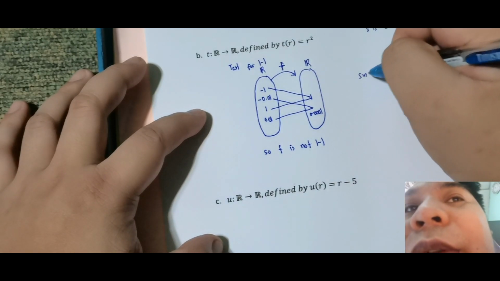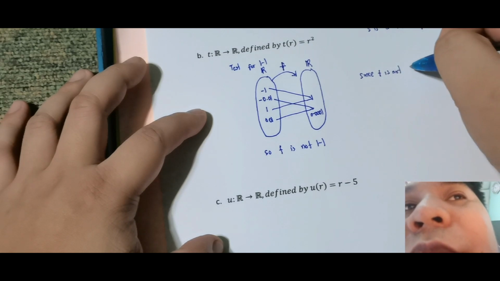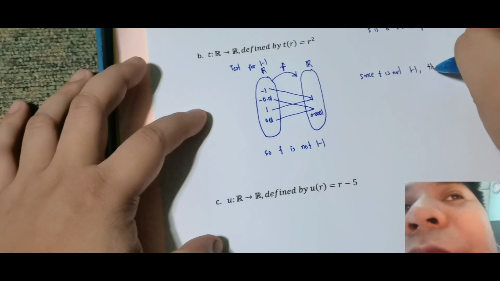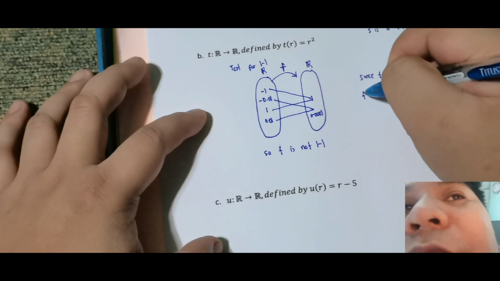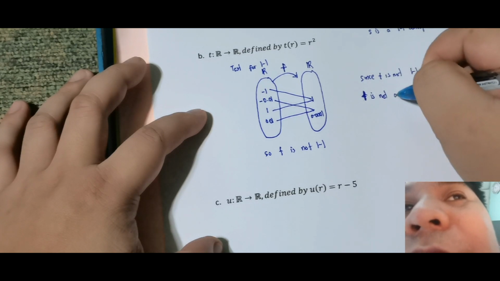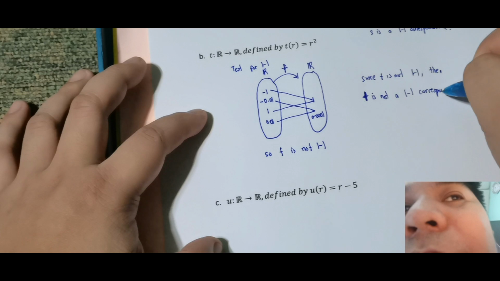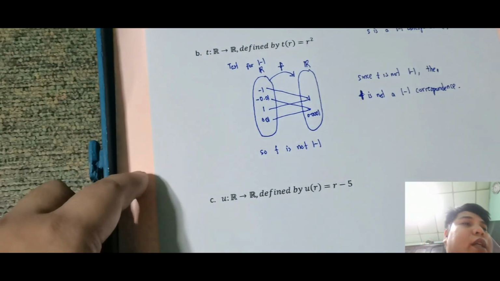Okay, since t is not 1 to 1, then t is not a 1 to 1 correspondence. Okay, so tandaan yung ganyan.